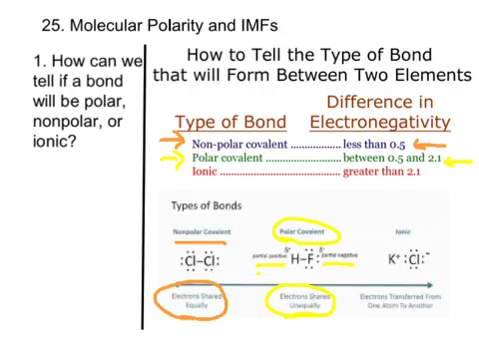All right, and then last but not least, we've got our ionic bond, which is if you do the difference in electronegativity, so if you take the two atoms that are in the bond and you subtract the electronegativity values for each, and you get a number greater than 2.1, then it's what we call an ionic bond.